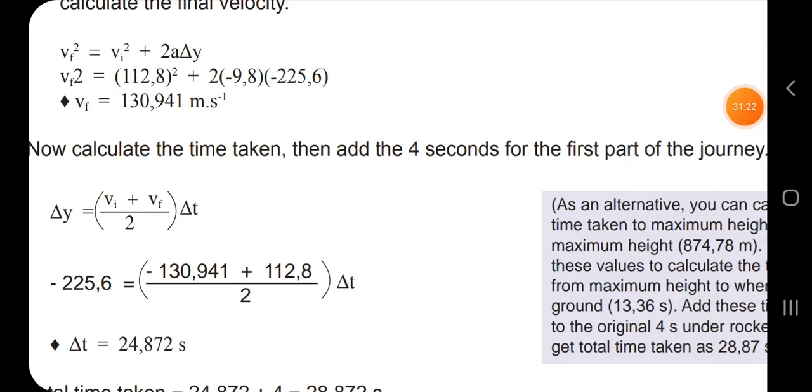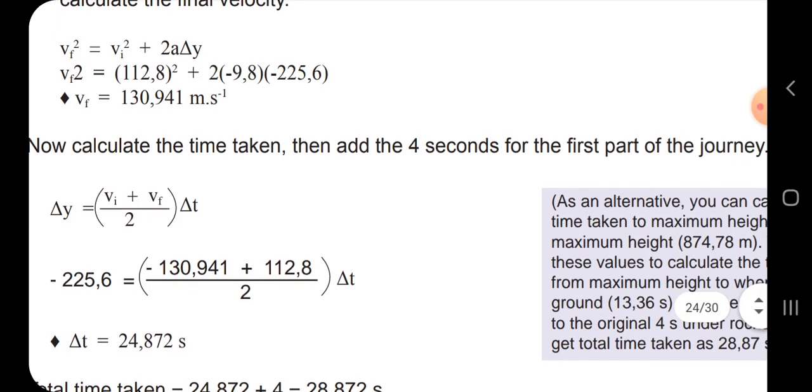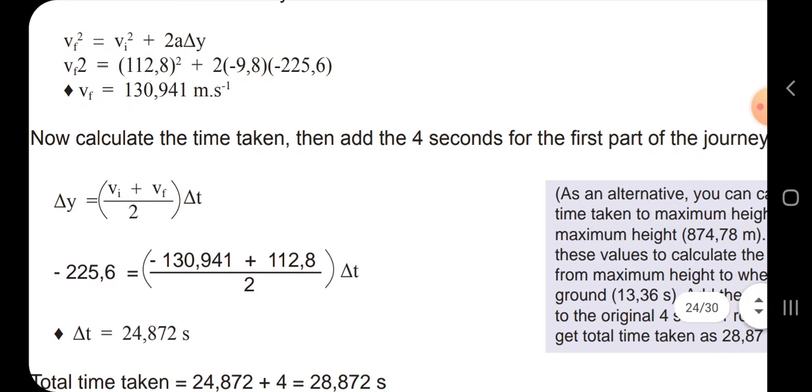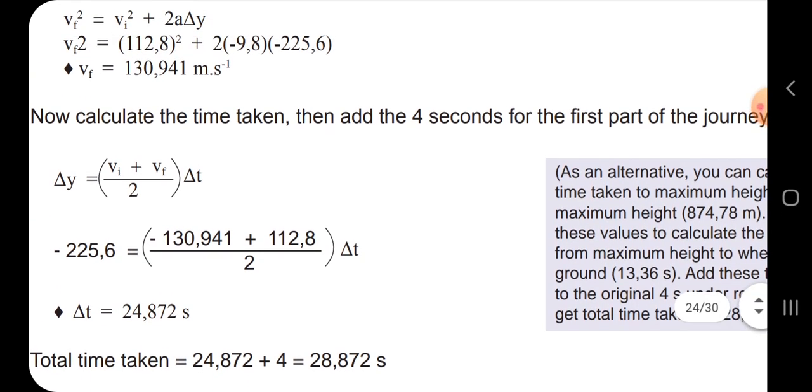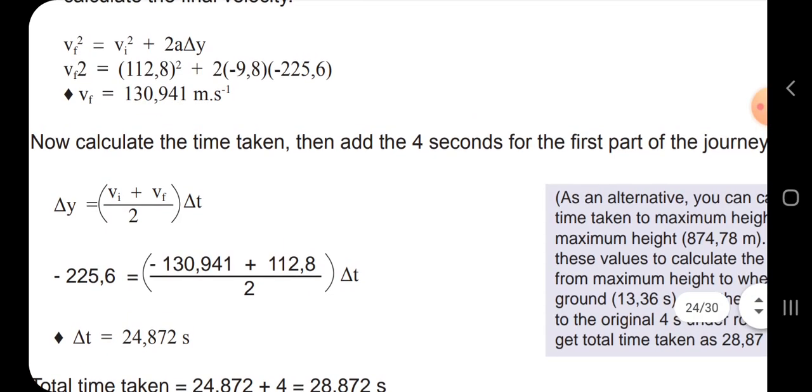Up is positive, so after the fuel has been used up, it's a negative direction. That's why we have negative 225.6, because from Q it's now a negative direction. Now calculate the time taken, then add the 4 seconds for the first part of the journey.